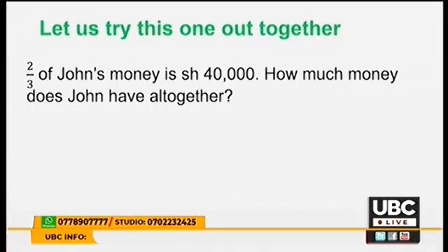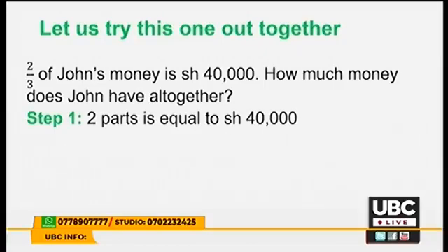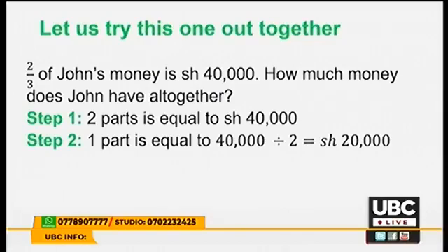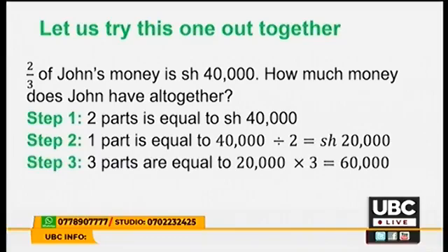So it is 2 parts, which is equal to 40,000 shillings, as we have seen. How about 1 part? 1 part is equal to 40,000 shillings divided by 2, which is 20,000 shillings. Then step 3 is to get the total of the 3 parts.